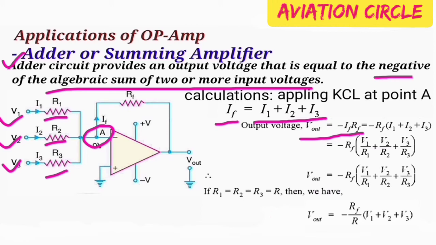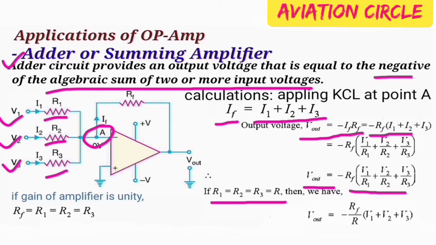Then V output is equal to minus RF into (I1 plus I2 plus I3). Then V output equals minus RF into (V1 upon R1 plus V2 upon R2 plus V3 upon R3). If R1 equals R2 equals R3 equals R, then we have voltage output equal to minus RF upon R into (V1 plus V2 plus V3).